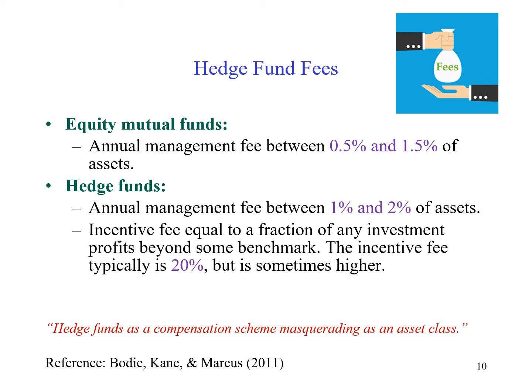Hedge funds charge a management fee, usually between 1% and 2% of assets, plus a substantial incentive fee equal to a fraction of any investment profits beyond some benchmark. The incentive fee typically is 20%, but is sometimes higher. Indeed, some observers only half-jokingly characterize hedge funds as a compensation scheme masquerading as an asset class.